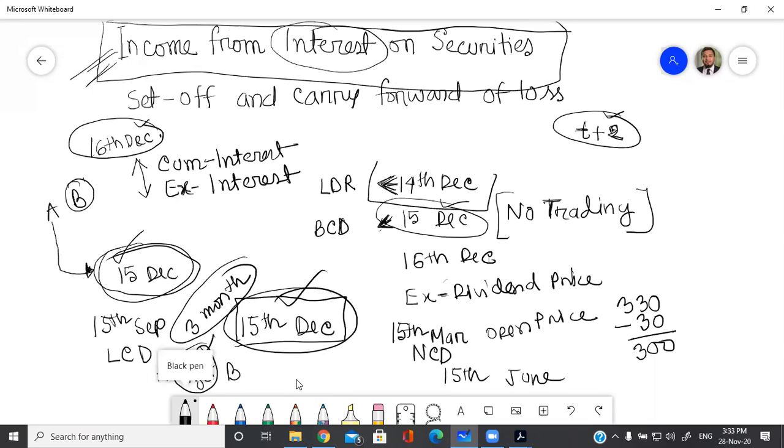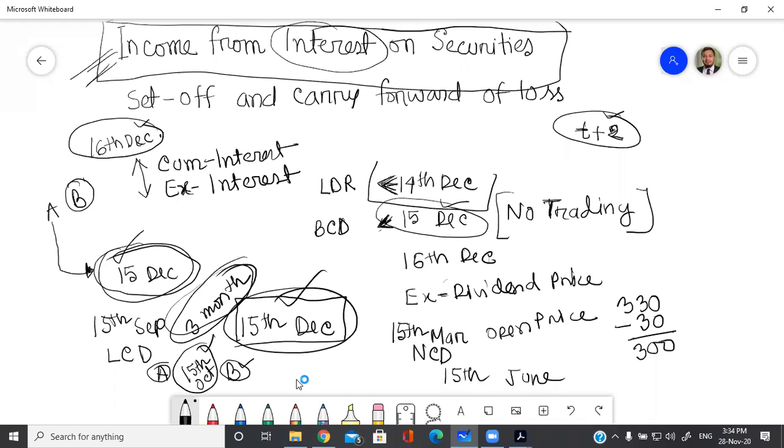Remember, on 15th October, Mr. A has sold the interest-bearing securities to Mr. B. In that case, can you recognize that a portion of the interest income which has become due on 15 December is due for Mr. A and another portion is due for Mr. B? Yes, sir. Because this total 3-month period has been divided into 2 parts, as there was a transaction between A and B in the meantime.